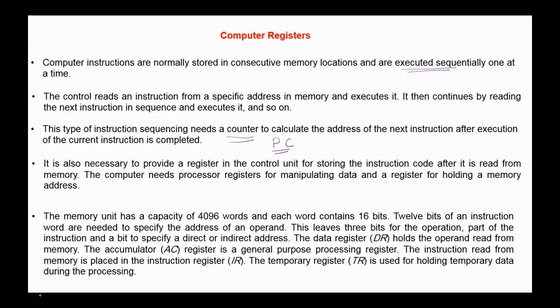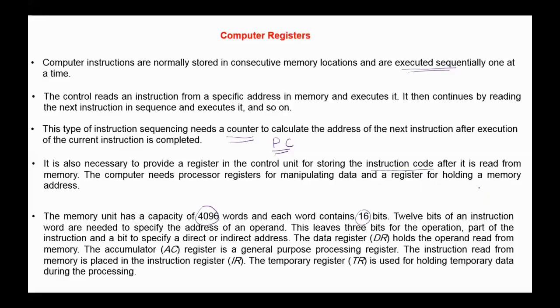It's also necessary to provide a register in the control unit for storing the instruction code after it's read from memory. The computer needs processor registers for manipulating data and a register for holding a memory address. In the basic computer, the memory unit has a capacity of 4K locations, and each location contains 16 bits.